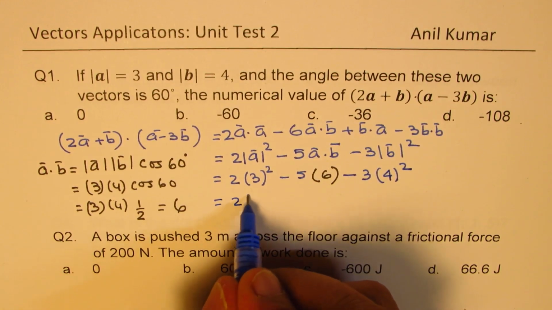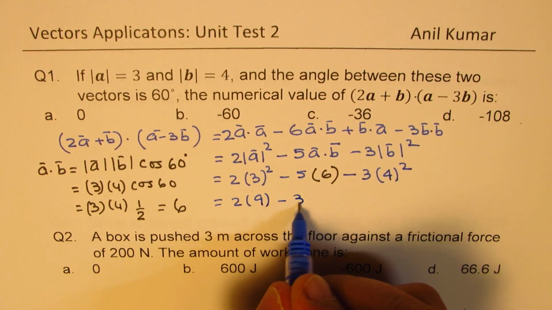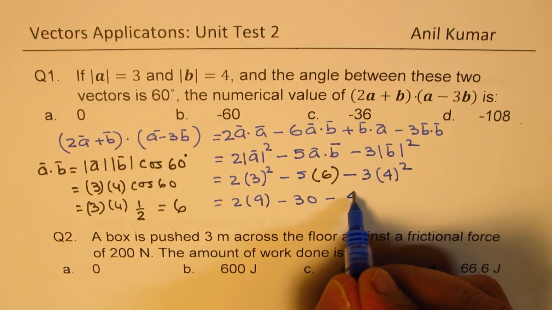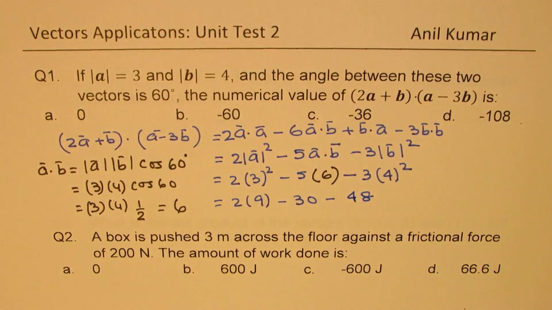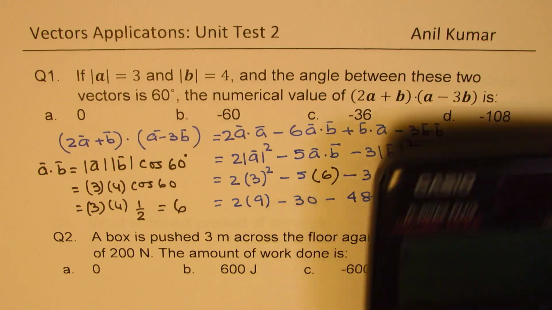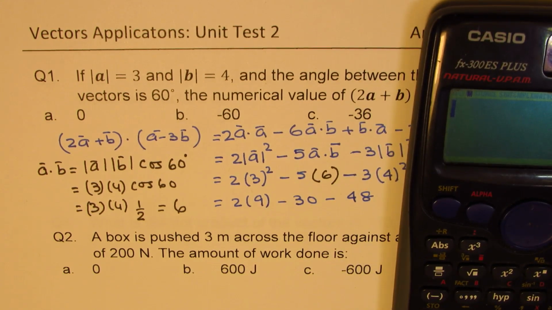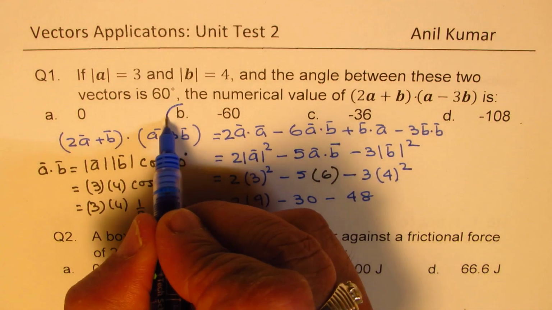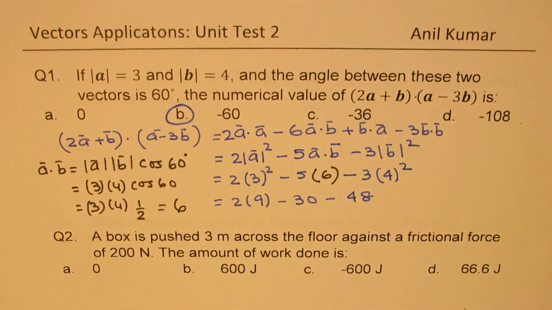So which is 2 times 9 minus 30 minus 16 times 3, which is 48, right? Anyway, let's use calculator and find the answer. So we have 2 times 9 minus 30 minus 48. That gives you minus 60 as your answer. So option B is the right option. Is that clear to you? So that is how you're going to solve the very first question.